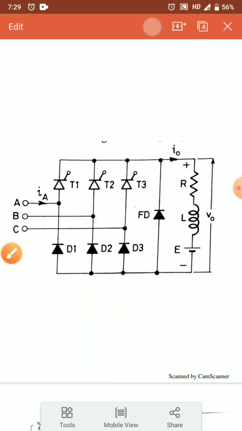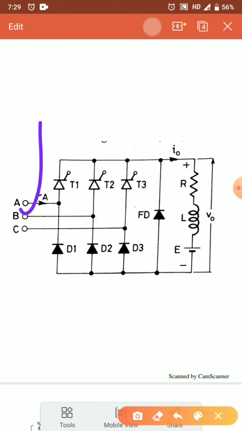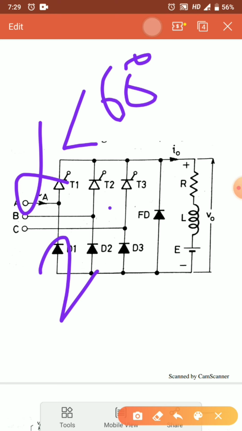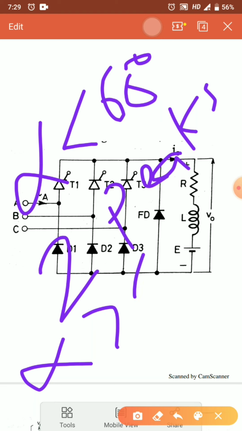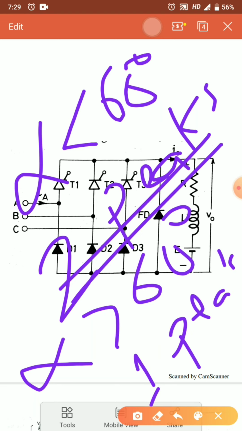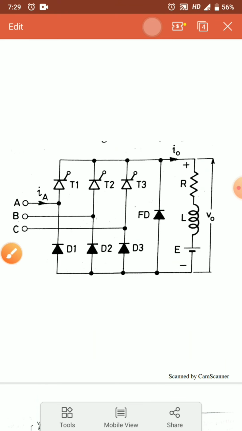We have to keep this in mind. One more thing to keep in mind is that if the firing angle is less than 60 degrees, I will get 2 peaks, and if the firing angle is greater than 60 degrees, I will get only 1 peak. We will discuss this in the diagrams that we are going to see.